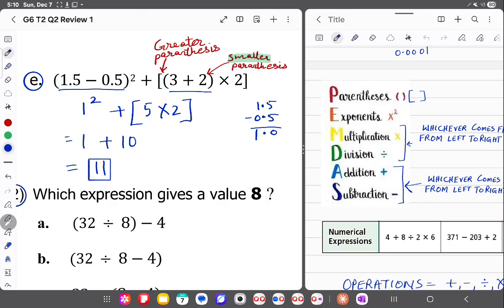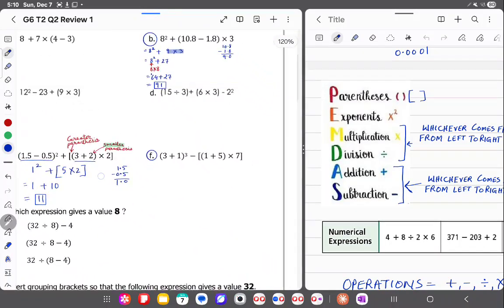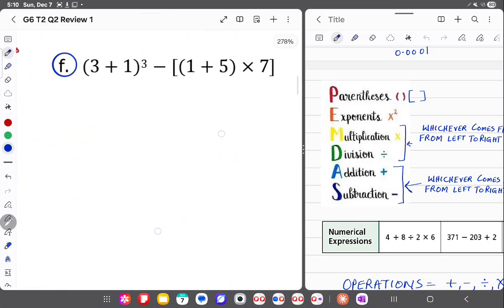Okay. Let's look at this one. 3 plus 1 to the power of 3 minus greater parenthesis, smaller parenthesis, 1 plus 5 times 7. Again in here we can solve this one and this one together at the same time.